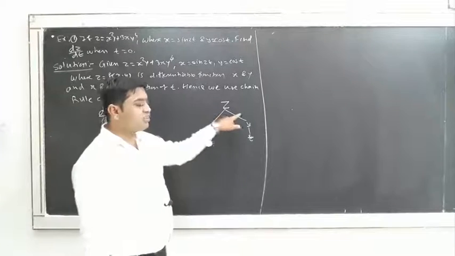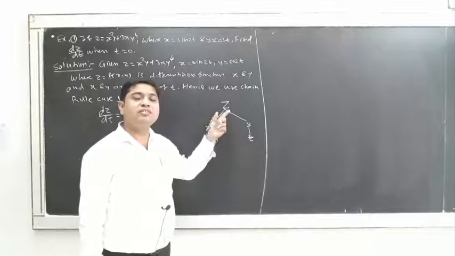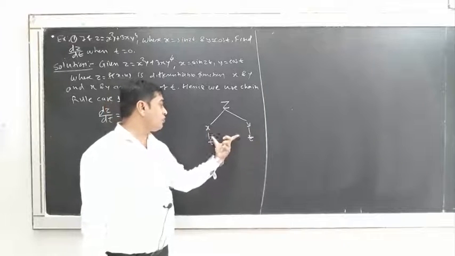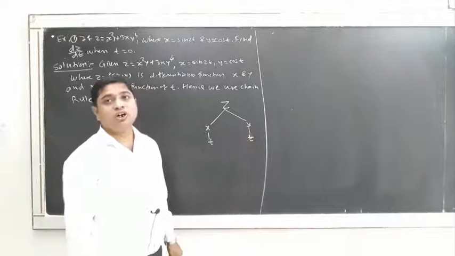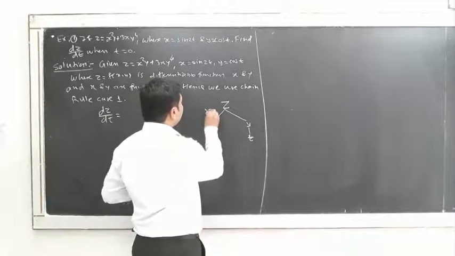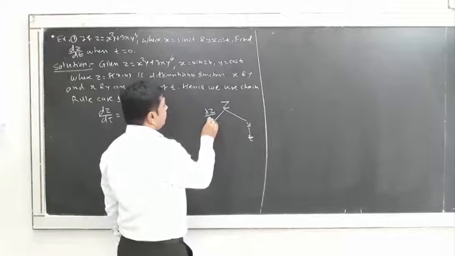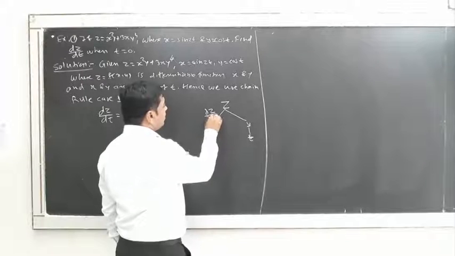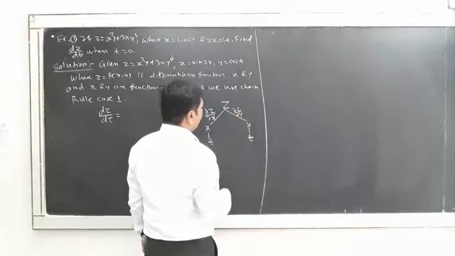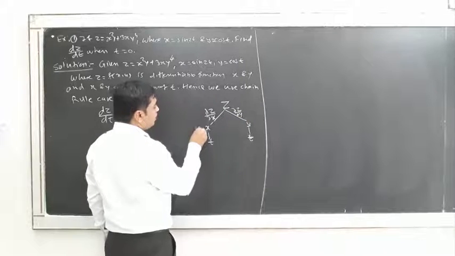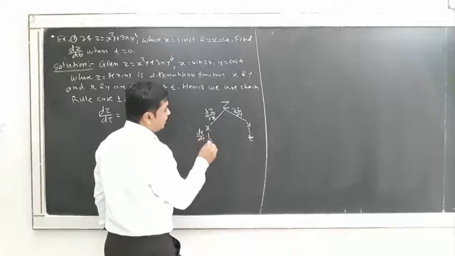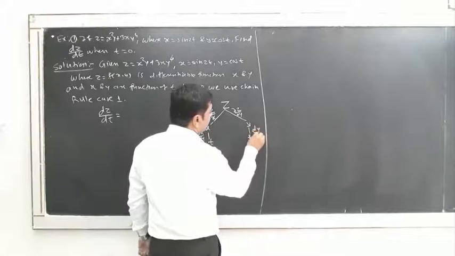These branches show that z is a function of x and y, and these two branches show that x and y are functions of t. Therefore write down the partial derivative ∂z/∂x, here ∂z/∂y, and here the ordinary derivatives dx/dt and dy/dt.